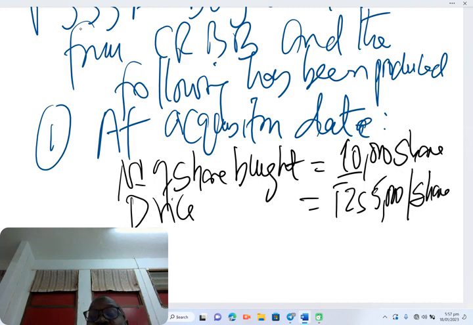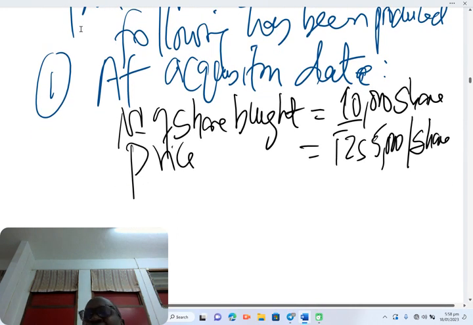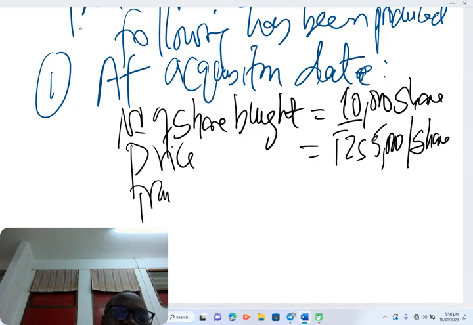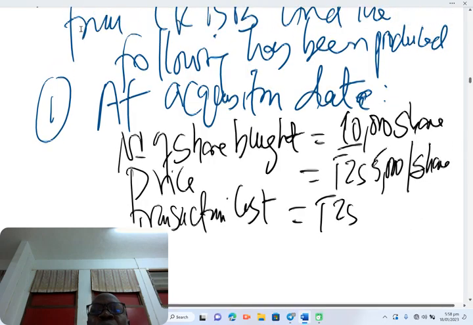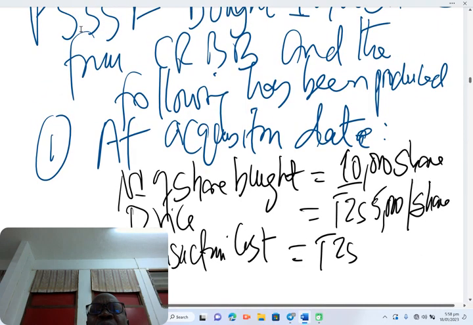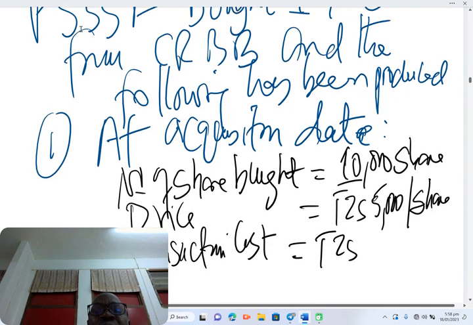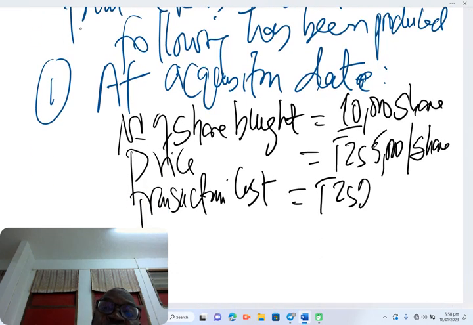So the market price at acquisition date was 5,000. It's an example. Number 2, transaction cost, amount TZS 2 million.